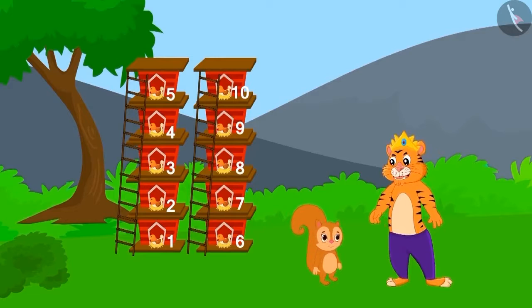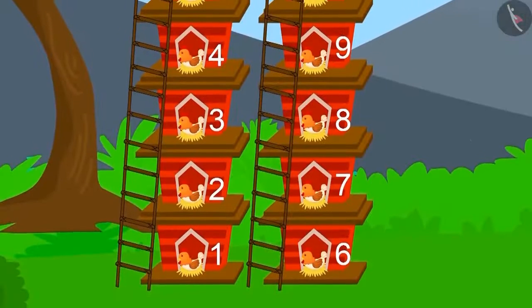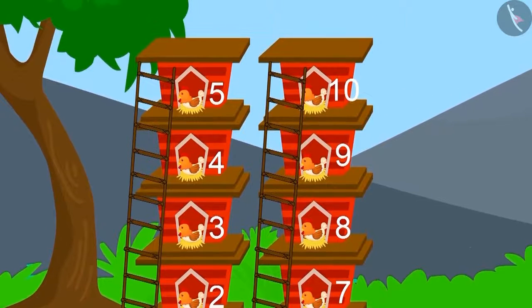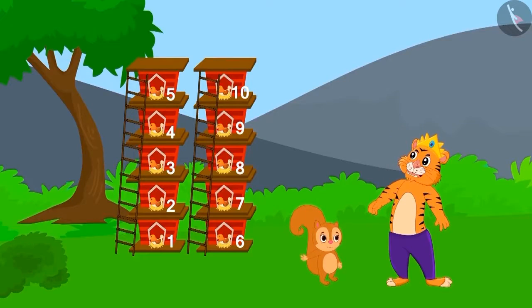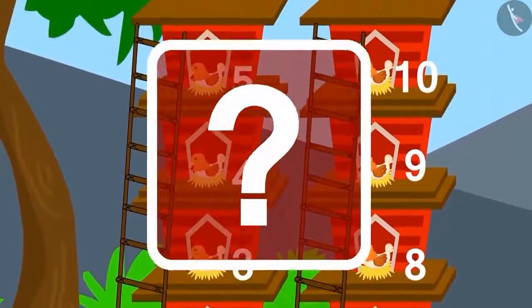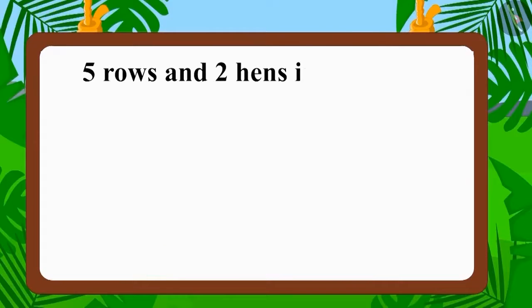Now the king arrived to see the house built by Chanda. Chanda had made use of 5 rows to build the house like this for hens, and each row had 2 hens in them. Was the house built by Chanda correct? 5 rows and 2 hens in each row.